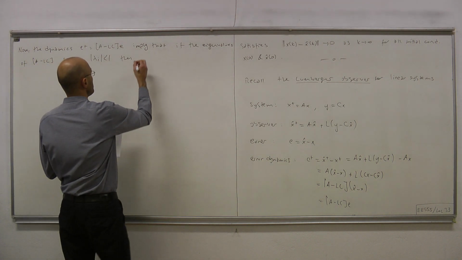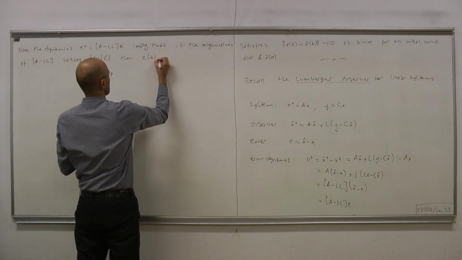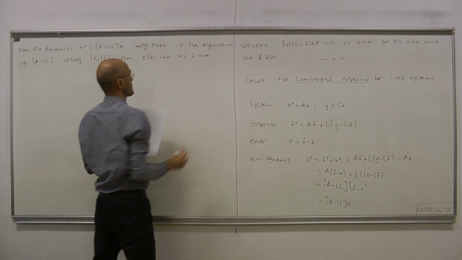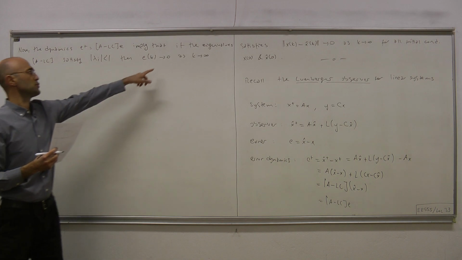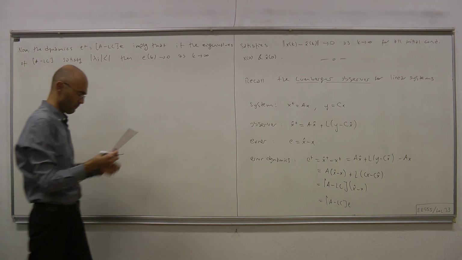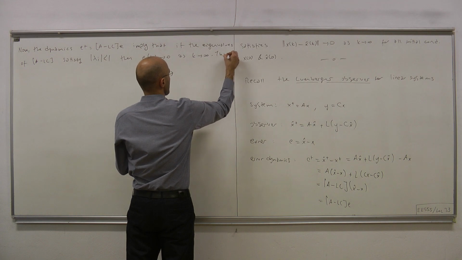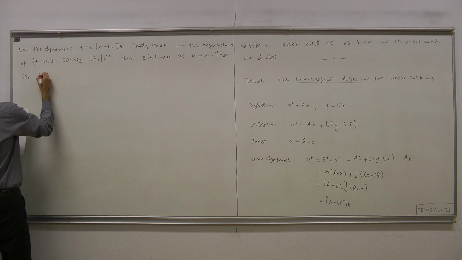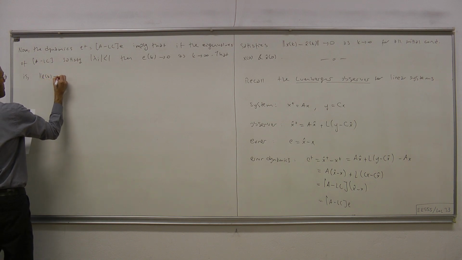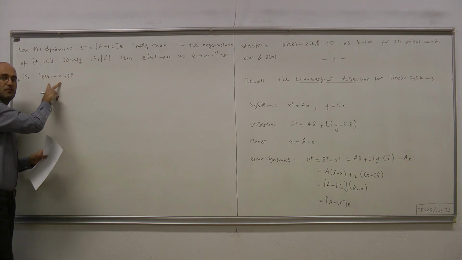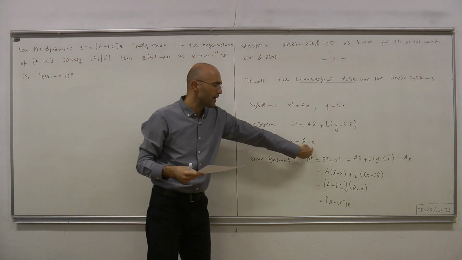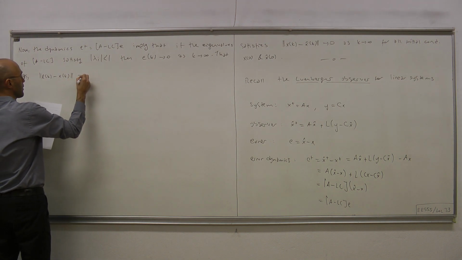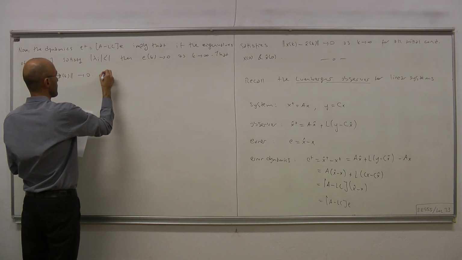In other words, the error goes to 0 as k goes to infinity. That is, x hat k minus x k, because this difference is what we're defining as the error, converges to 0.